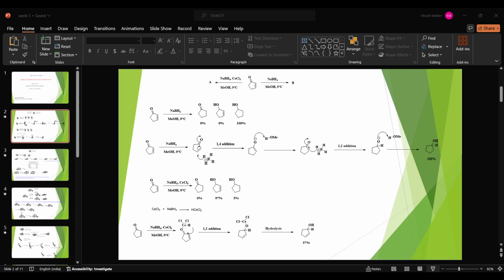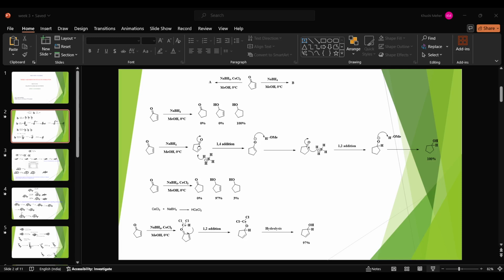Do you know about the Birch reduction? In this reaction we need a protic solvent, generally ethanol. But in the laboratory, it is very difficult to perform the Birch reduction.